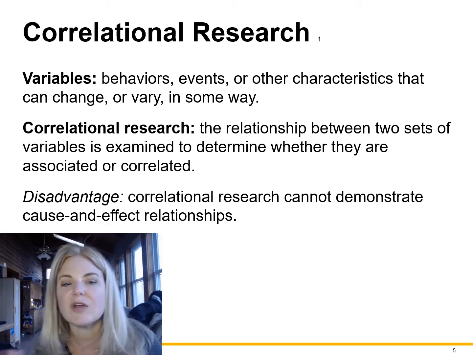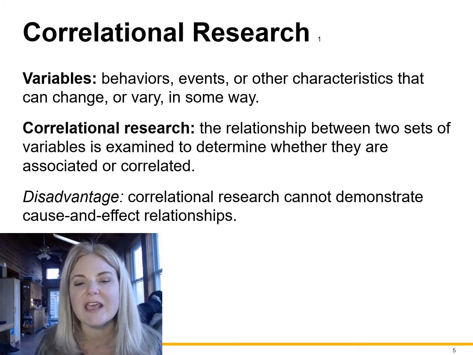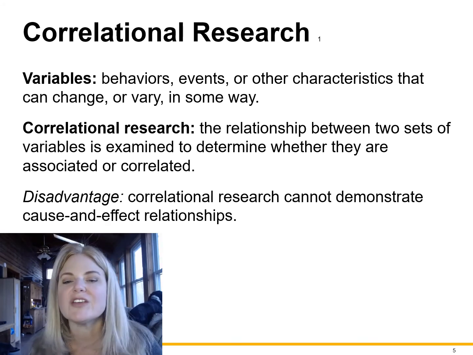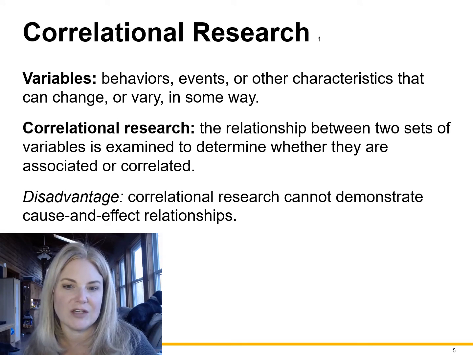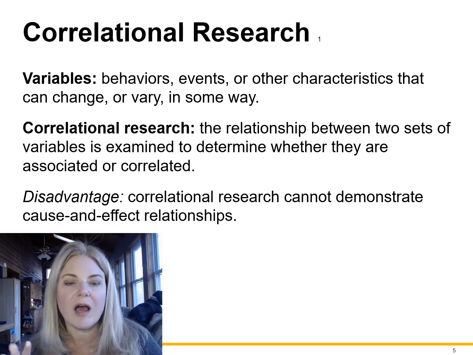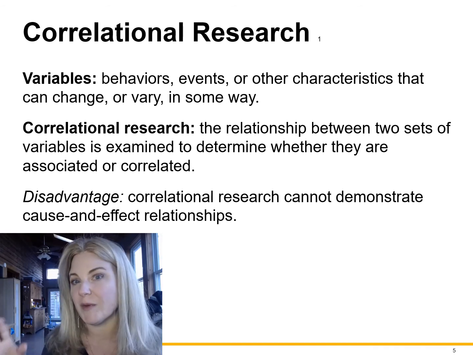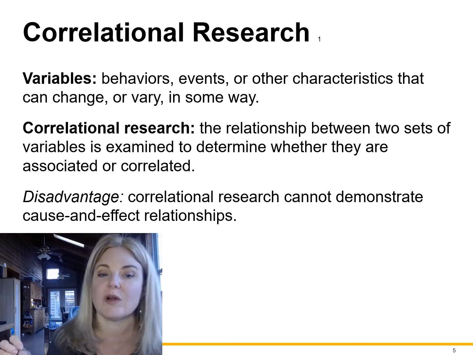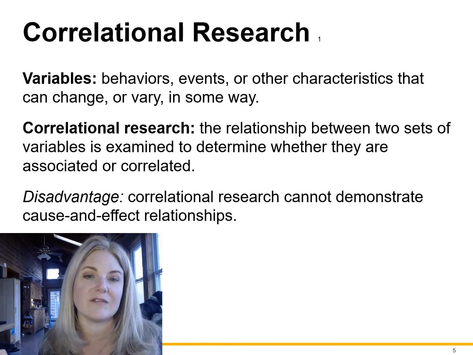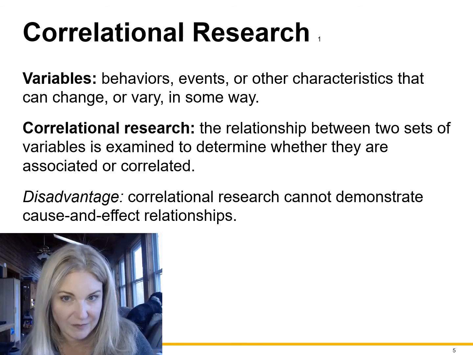A correlational coefficient close to -1 would be a very strong negative correlation. A correlational coefficient of +1 would be a very strong positive correlation.